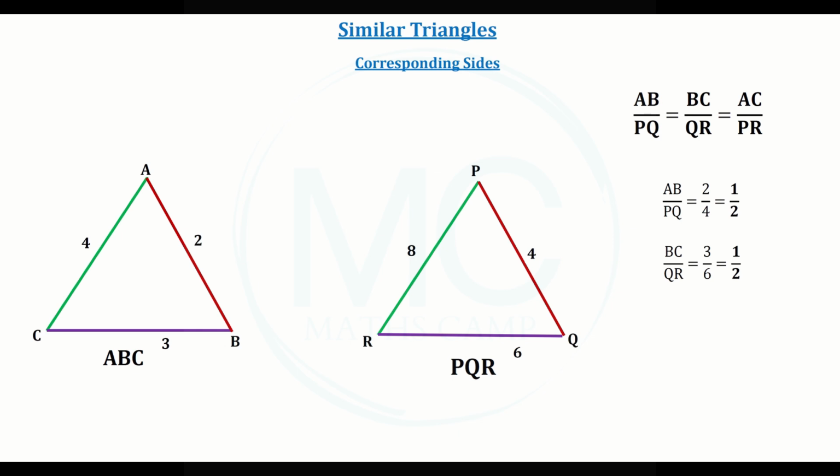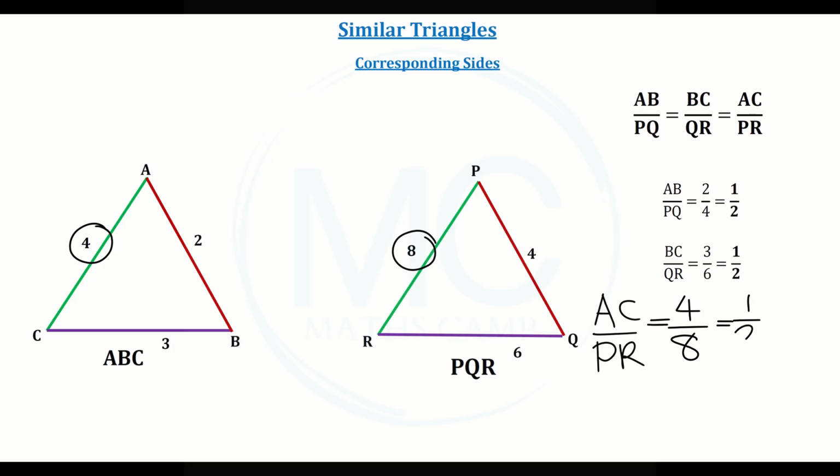Now we can say side AC over side PR is equal to the length of AC, which is 4 units, and the length of PR is 8. So we get a fraction of 4 over 8. 4 and 8 are both divisible by 4, and we get 1 over 2.